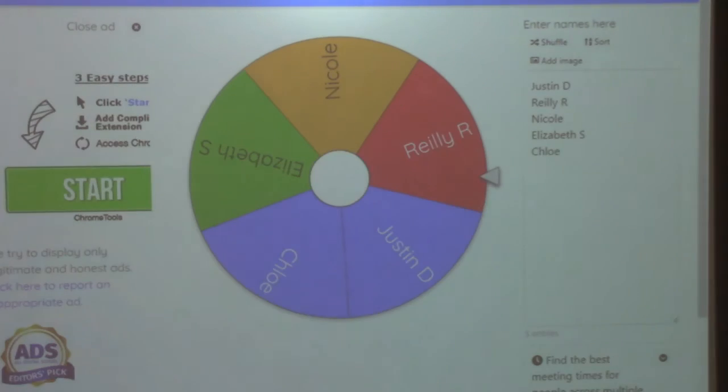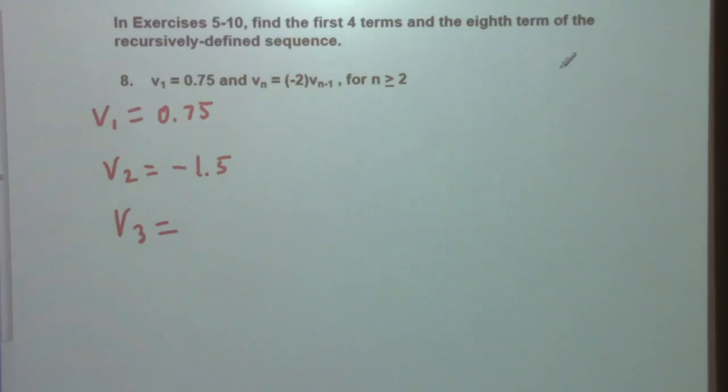You just multiply everything by -2. Okay, multiply by -2, so we get 3. And multiply by -2 again, we get -6. And then V sub 8 is going to be equal to -96.